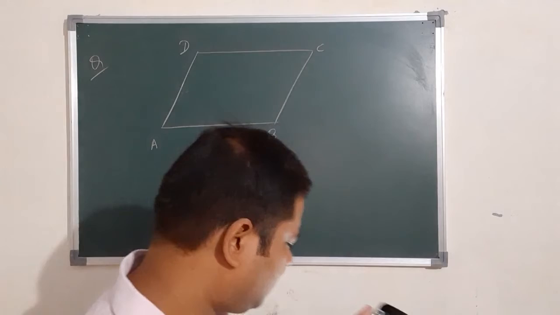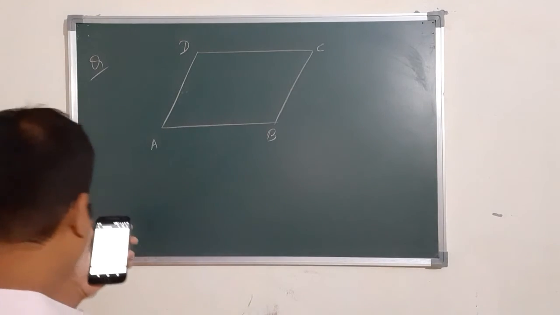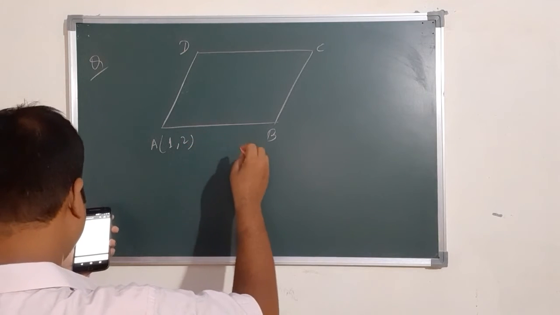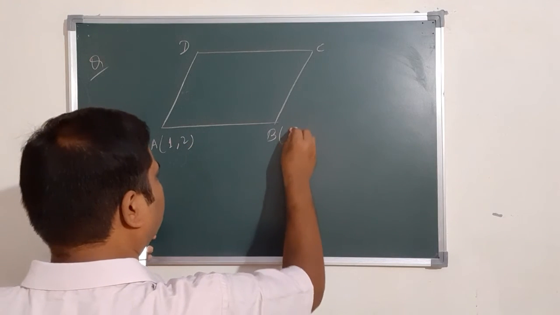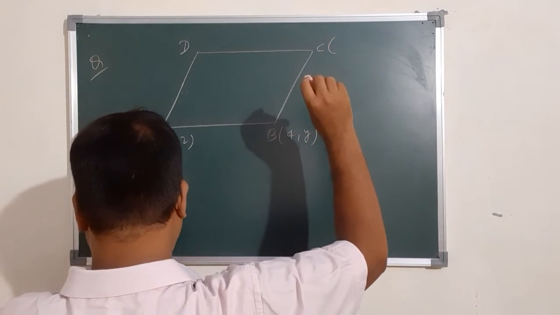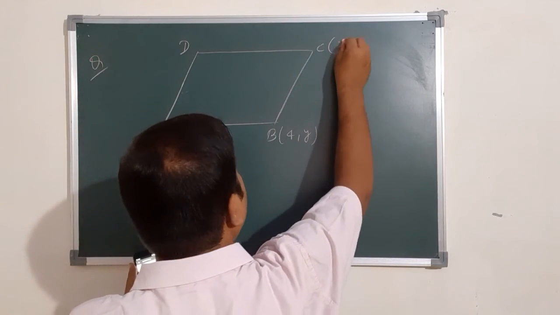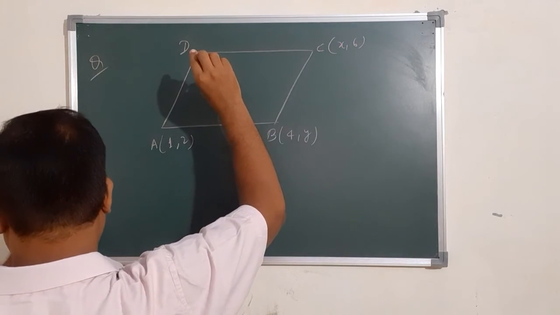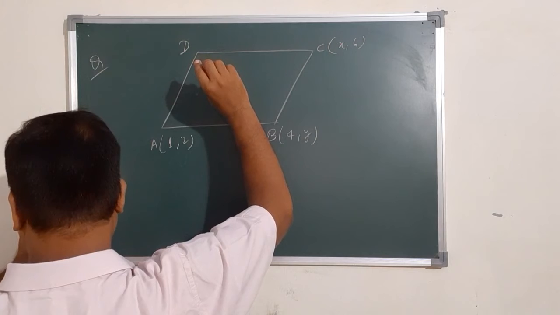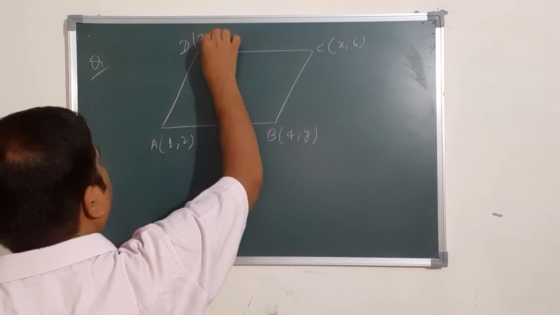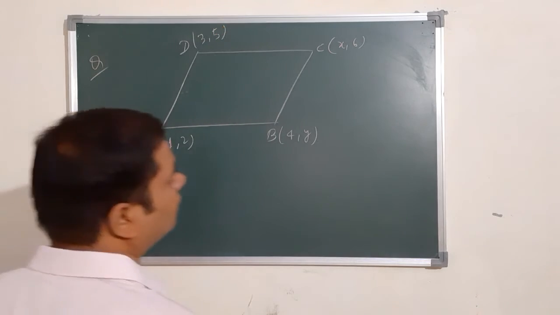And what are the vertices given? A is (1, 2). B is (4, y). C is (x, 6), and D is (3, 5). Can you find this?